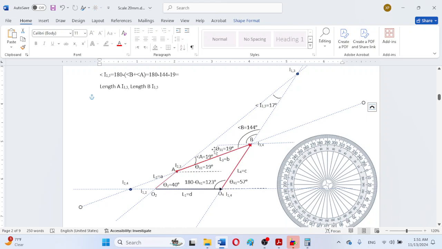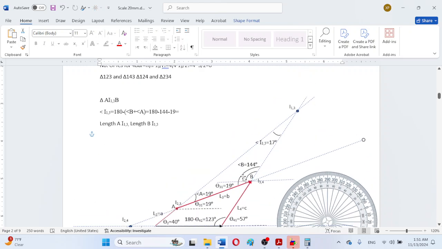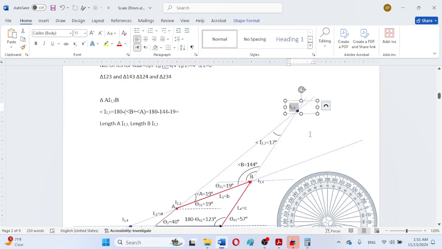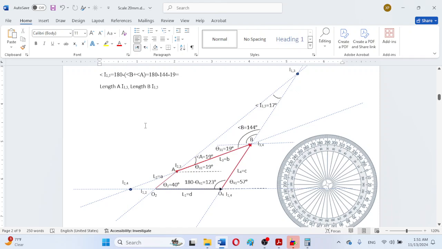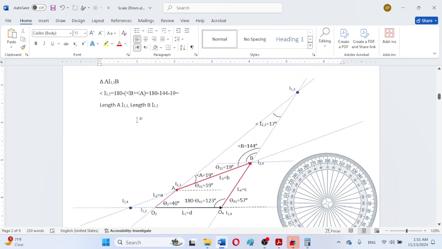So that was the reason we use the instant center I1,3 instead of the instant center 2,4. So that answer has also been made. If you still have any question, you can ask.